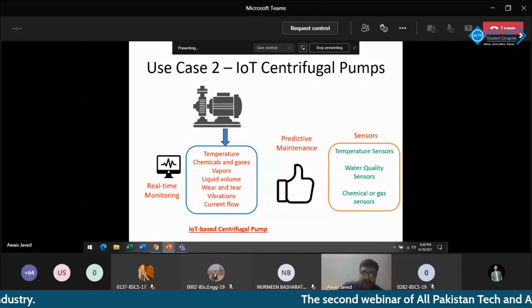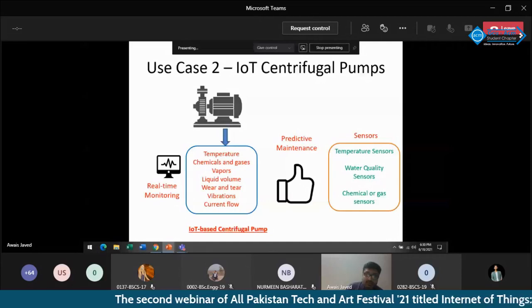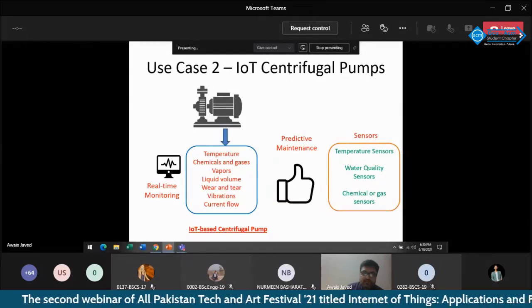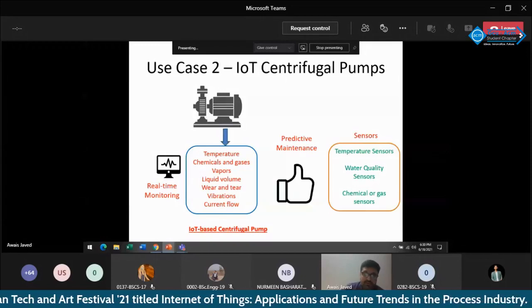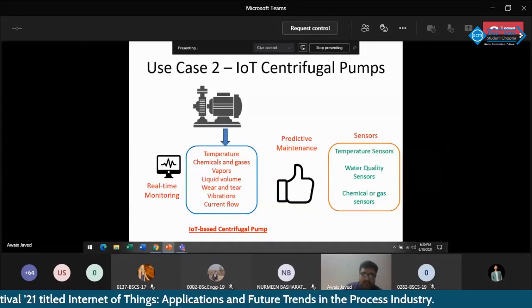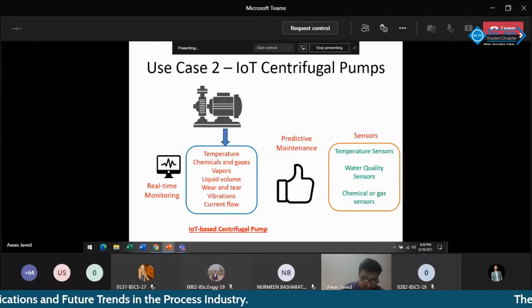pump. As an example, a chemical or gas sensor can be placed in a centrifugal pump. In a centrifugal pump, sometimes corrosive chemicals such as sulfuric acid, which is used in the fertilizer industry, are handled.